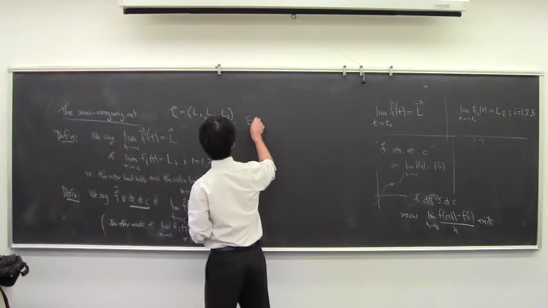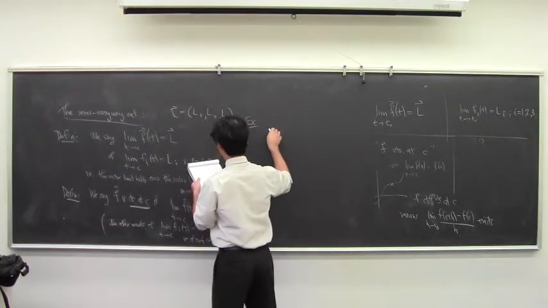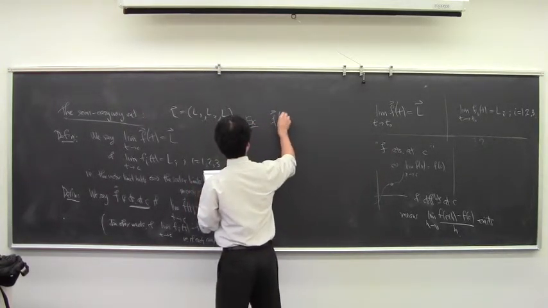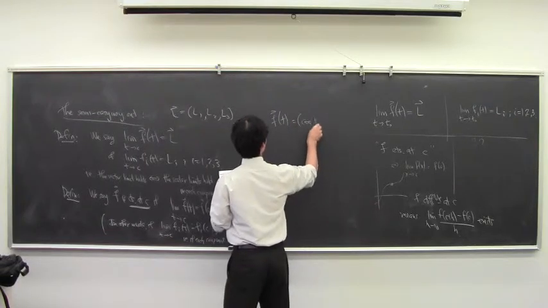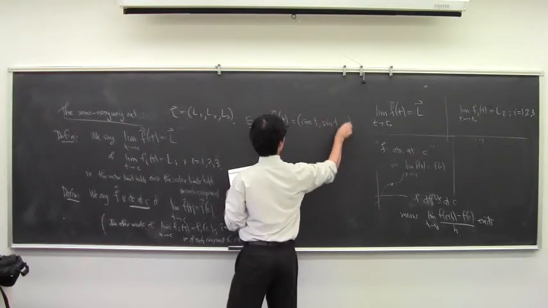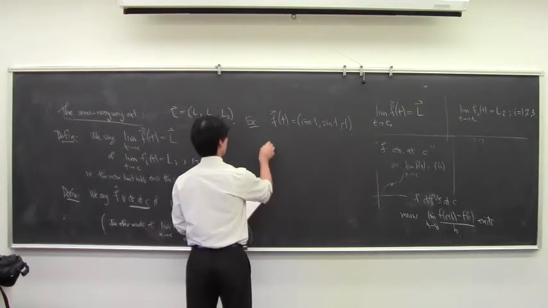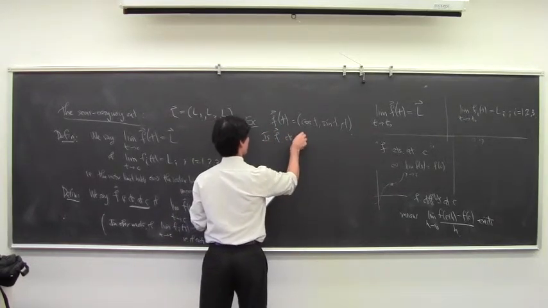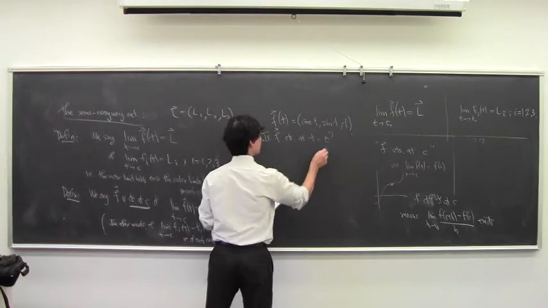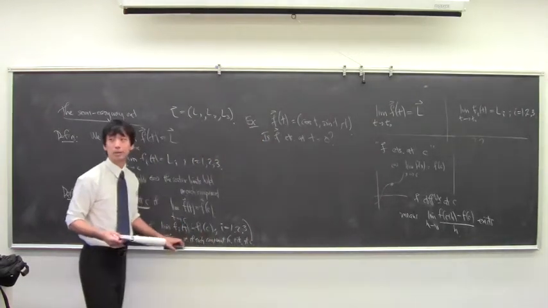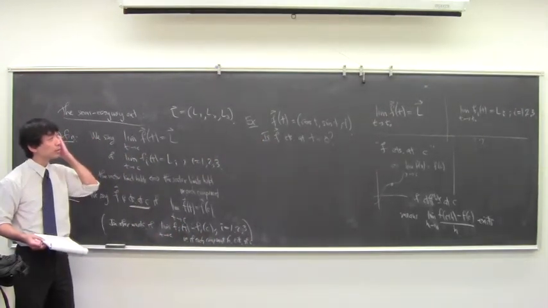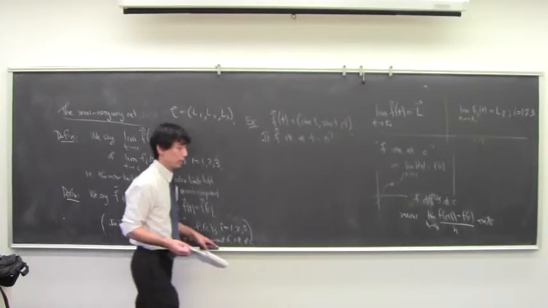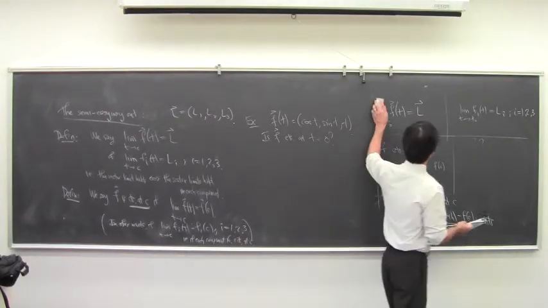So for example, if we look at the helix, f of t is cosine t, sine t, t. Is f continuous at t equals 0? Is this function continuous?